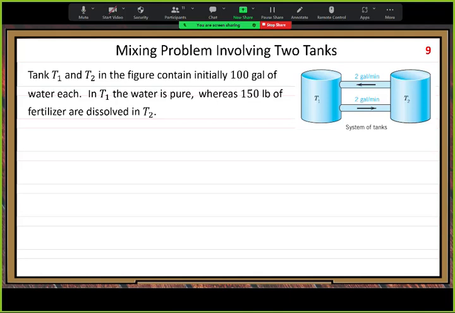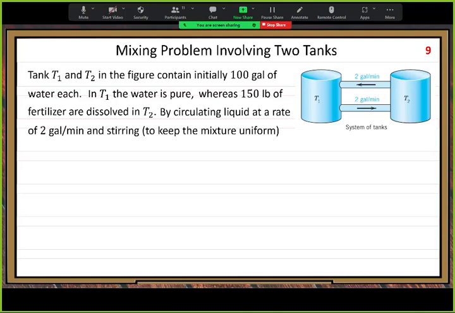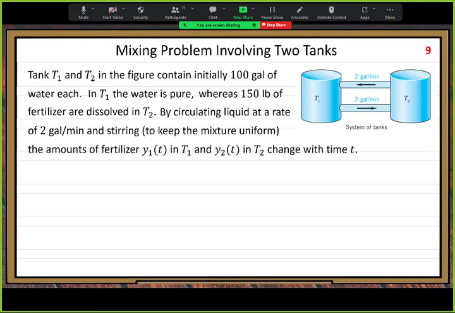Then, by circulating liquid at a rate of 2 gallons per minute and stirring to keep the mixture uniform in the two tanks, the amounts of fertilizer Y1 of t in T1 and Y2 of t in T2 change with time t. Two solution functions.